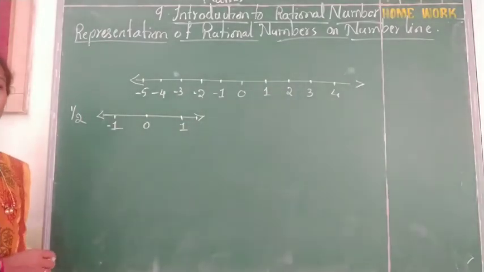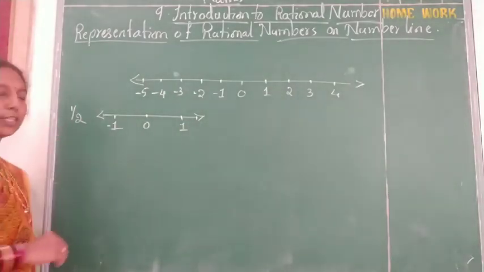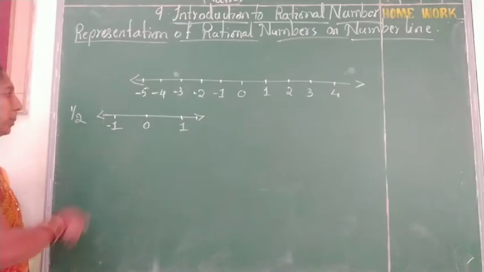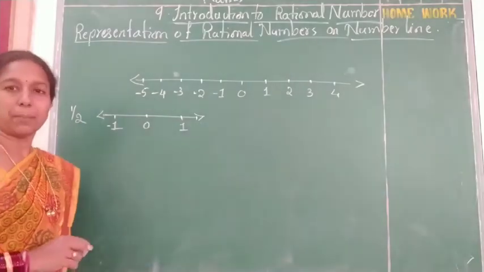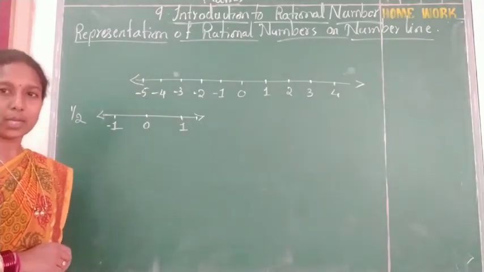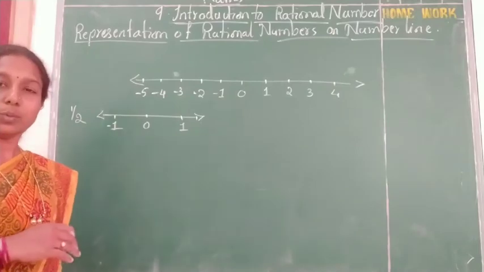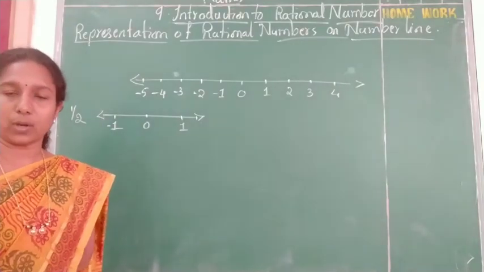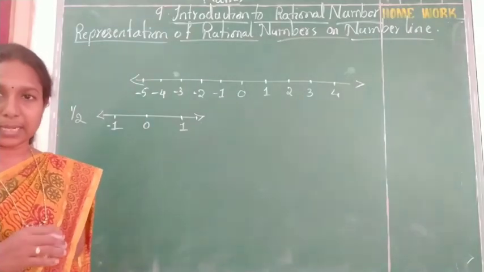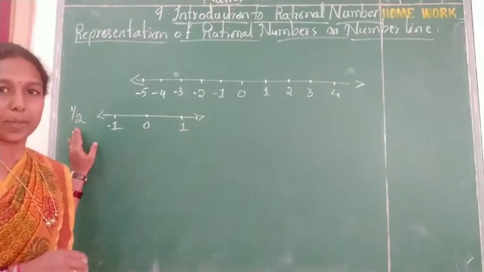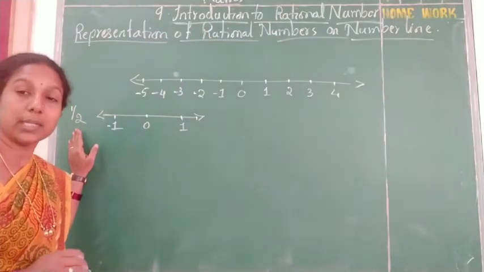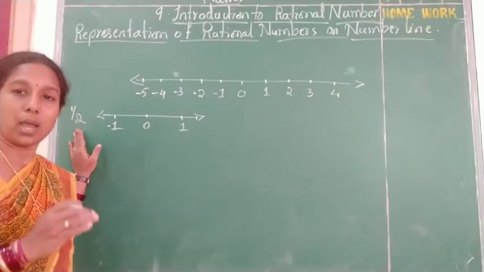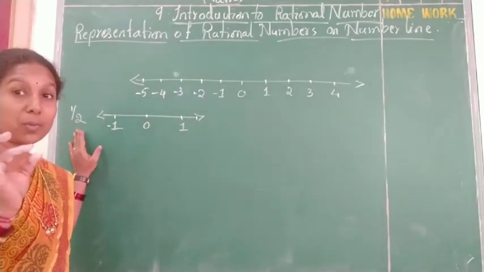Here I want to represent the fraction 1 by 2. In the denominator, what is the number? 2 is there. Whenever you are representing any rational number or any fraction on the number line, see the denominator, what does it represent? It represents the total number of equal parts.